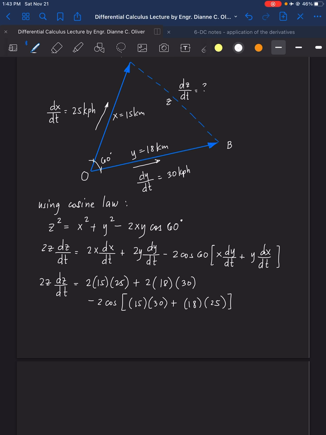Okay, so we input this in the calculator, and the value of 2z dz over dt is now equal to 930. Well, we cannot get the value of dz over dt yet because we don't know the value of z. So how can we determine the value of z? Look at this equation here.